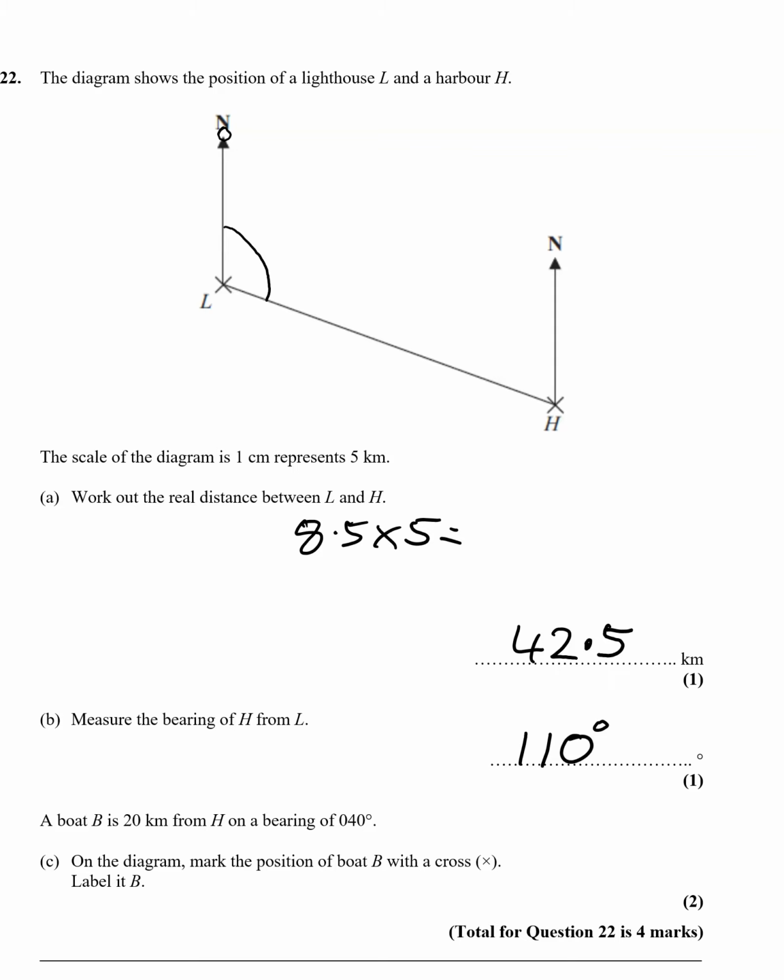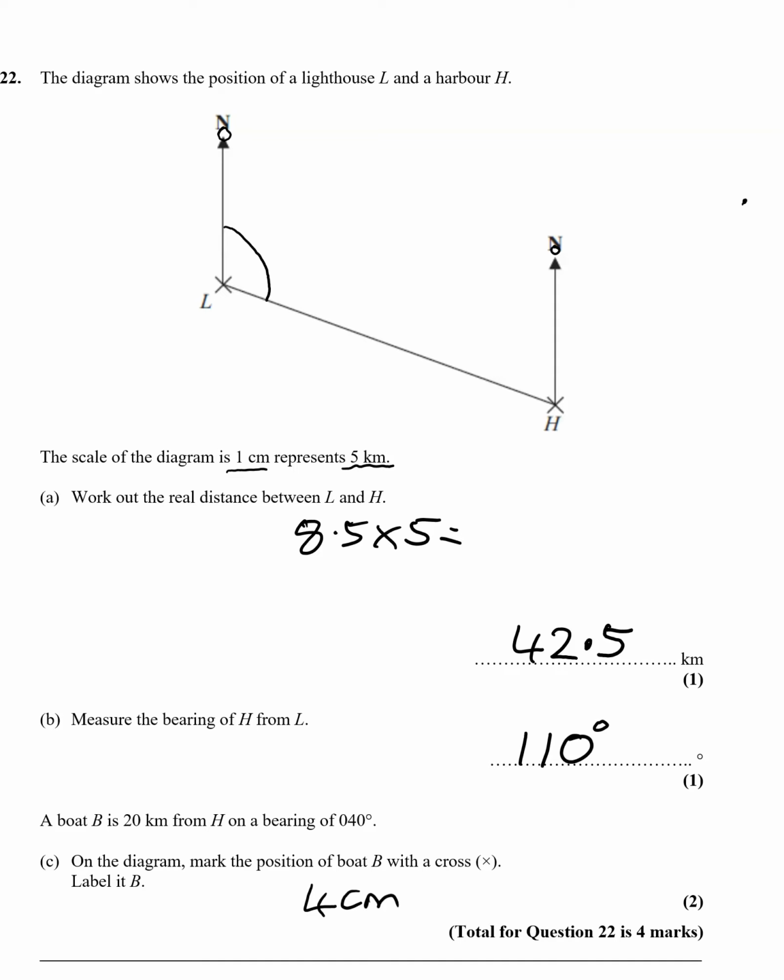On the diagram, mark the position of the boat. Firstly, you need to get your protractor and mark the angle. So again, 0 here, 40 degrees, put your mark. Then we've got 20 kilometres, but each 5 kilometres is 1 centimetre, so we have to go 4 centimetres.